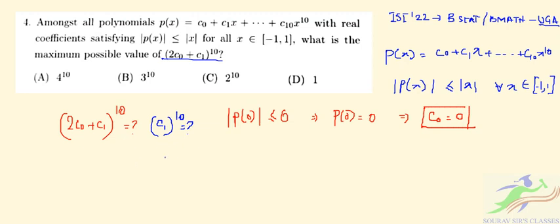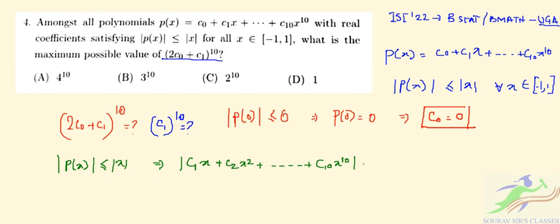So now we have the condition given that |p(x)| is always less than or equal to |x|, where p(x) is a polynomial. So we can write this as |c1x + c2x square up to + c10x to the power 10|.